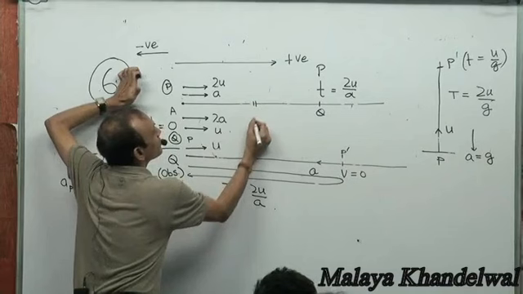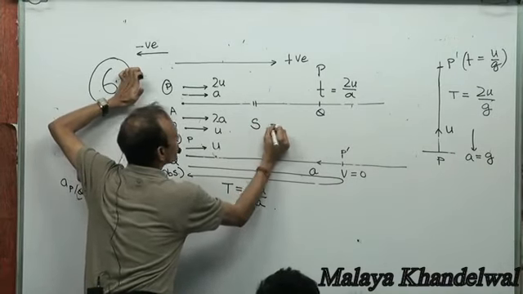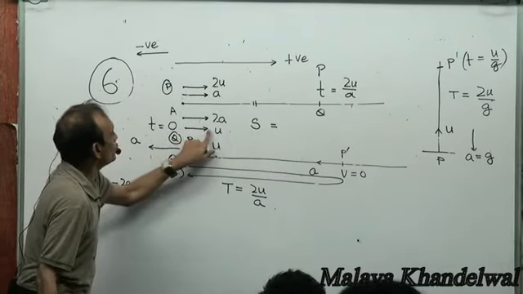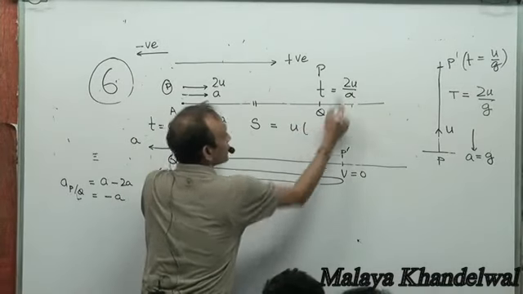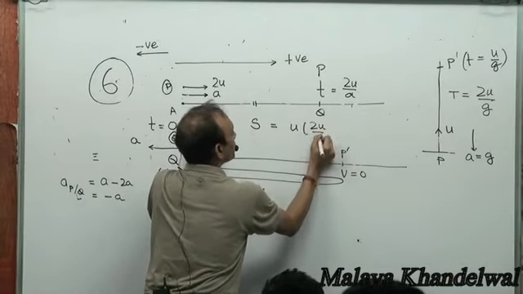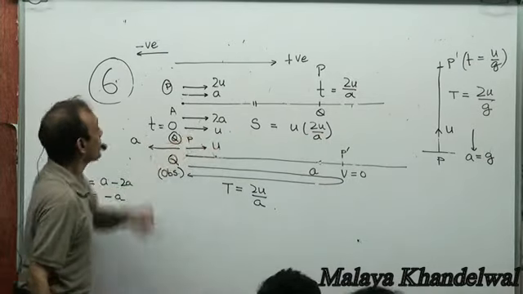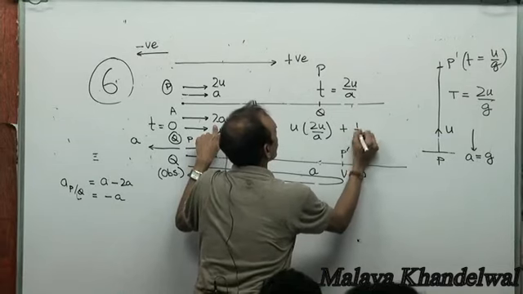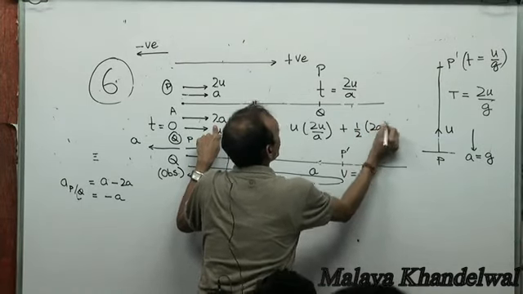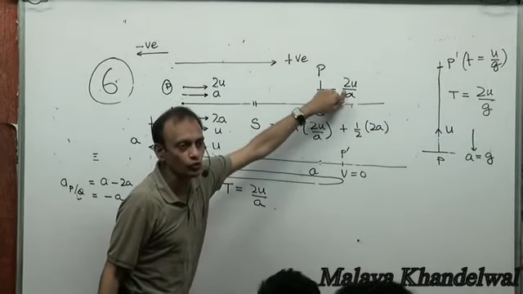In this time, the displacement of Q is going to be, Q has a velocity u to the right, so u into t, which is 2u by A, plus half of 2A into t squared, which is 2u by A whole squared.